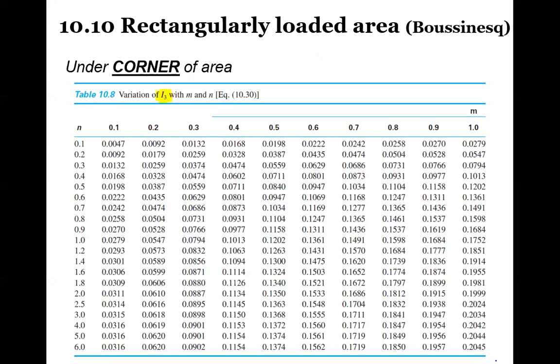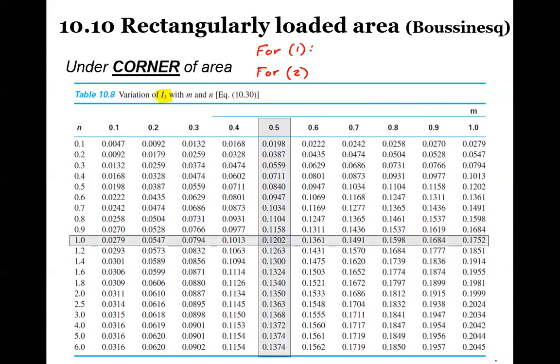And what we had from before, so for 1, and then for 2. So for our first one, we had 0.5 as our M value, and then 1 as our N value. So this means our I3(1) is equal to 0.1202 right here.